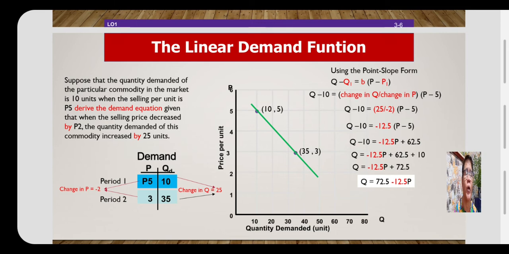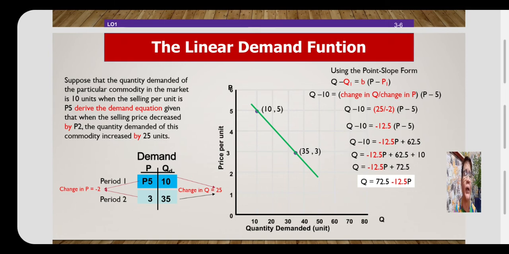The 62.5 is actually the product of negative 12.5 and negative 5, which is positive 62.5. Now, the final equation can be read as quantity equals negative 12.5P plus 72.5.